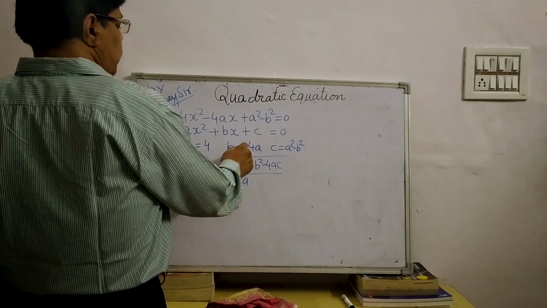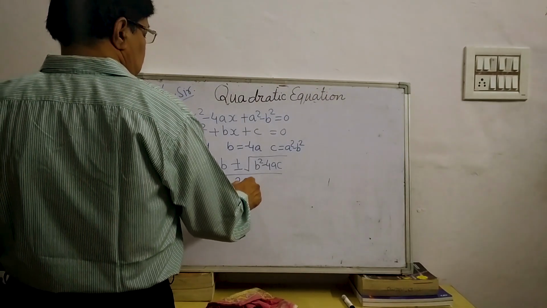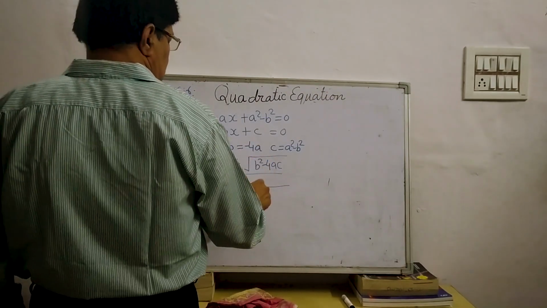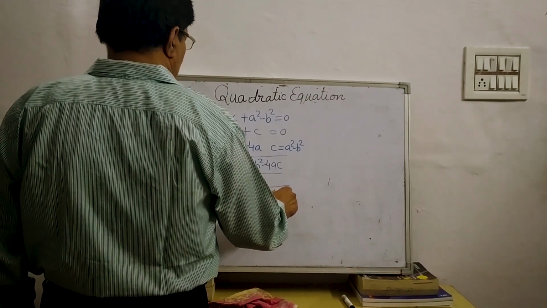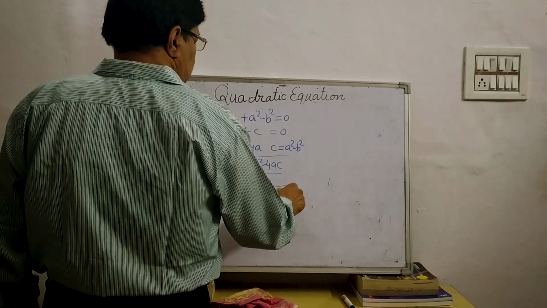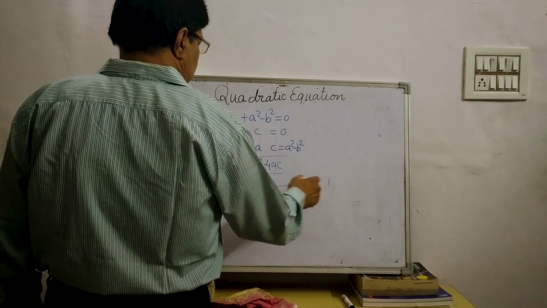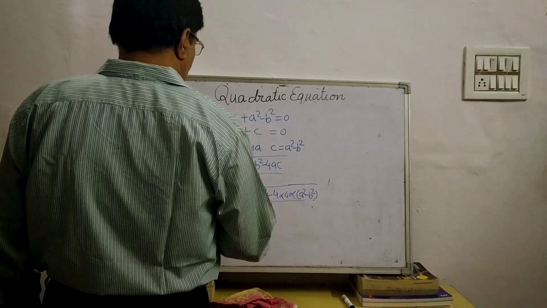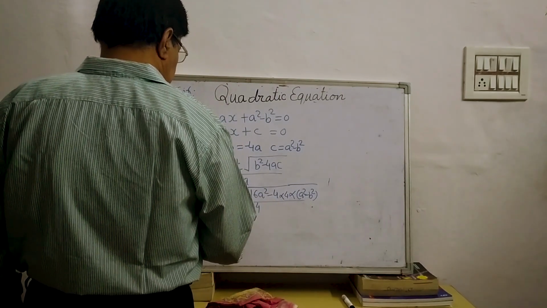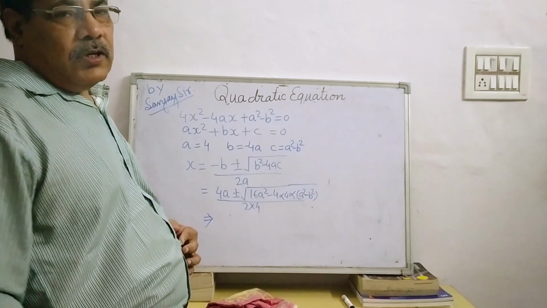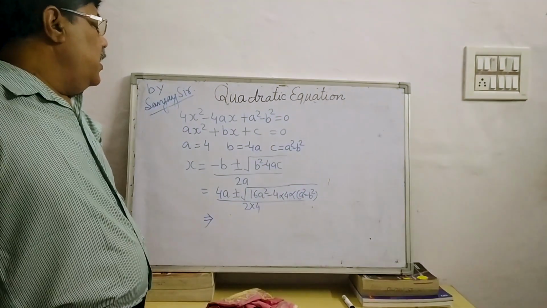Minus b, b is minus 4a, so minus minus will become plus 4a, plus minus under root, the square of this, it will be 16a square minus 4 into a is 4, c is a square minus b square, upon 2 into a is 4. Clear, children?